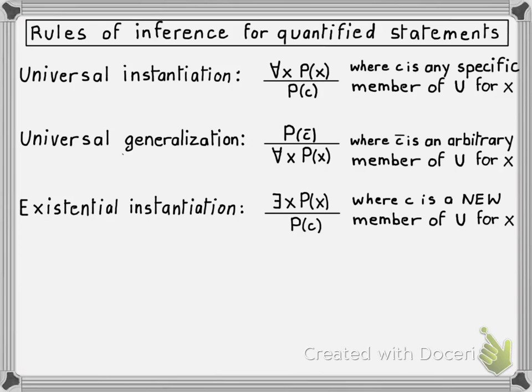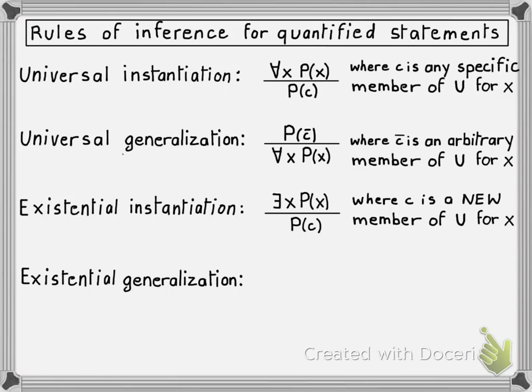Now, if you figured out that there must be another rule based on the symmetry of the names of the three previous rules, well, you are correct. There's one more new inference rule for predicate logic, and it's called existential generalization.